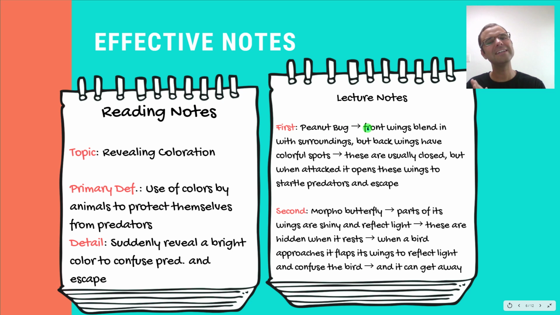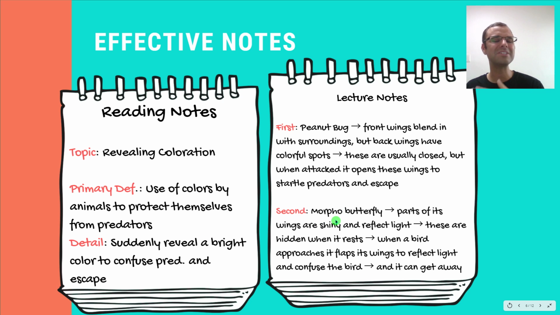In this case, I got more details about how the front wings blend in with its surroundings usually, but its back wings have colorful spots. Then I noted these back wings are usually closed, but when it's attacked, it opens these wings to startle its predators and escape. You can see how this is clearly an example of revealing coloration as described in the reading.